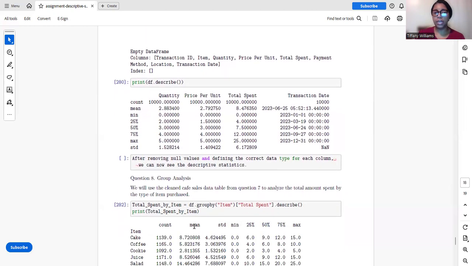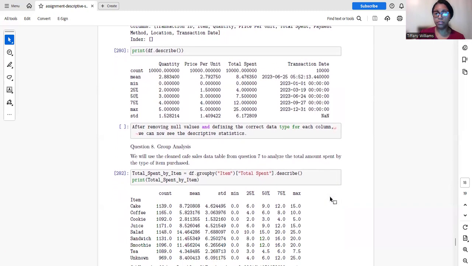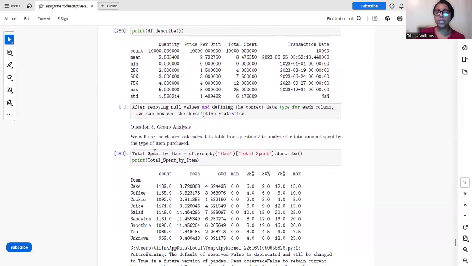Lastly, question 8 was about a group analysis. Here we'll use the clean data to analyze based on the type of item purchased compared to the total amount spent. So we use the total spent by item, and we group by the item, and we're looking at the total spent.